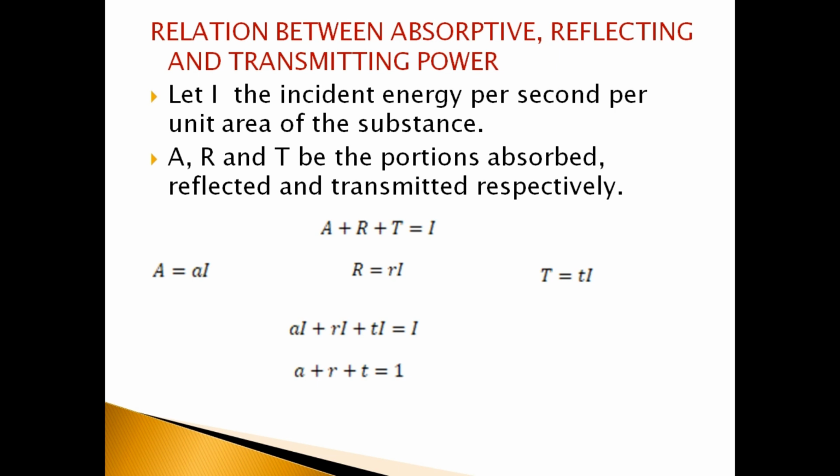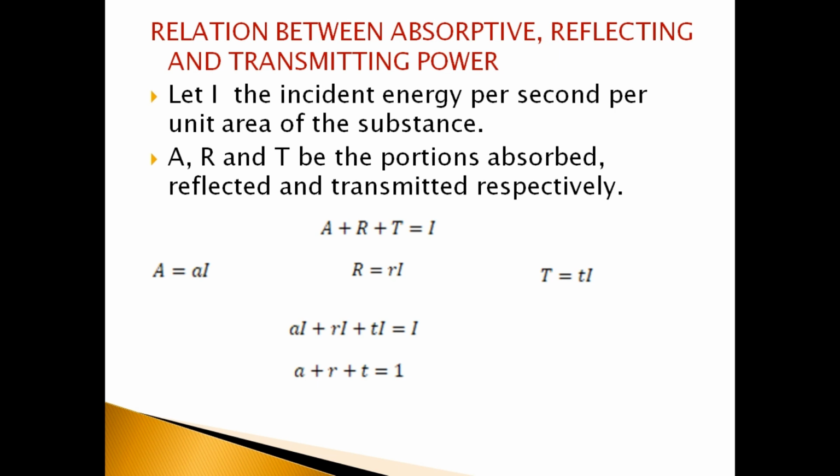Let capital A, capital R, and capital T be the portions absorbed, reflected, and transmitted respectively. So, summing capital A, capital R, and capital T will give you I. A plus R plus T is equal to I.